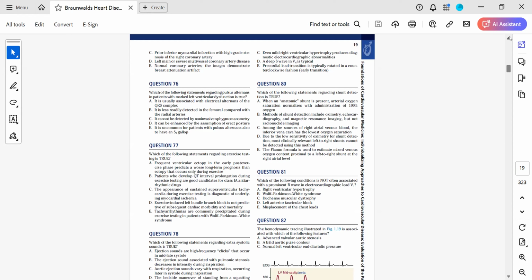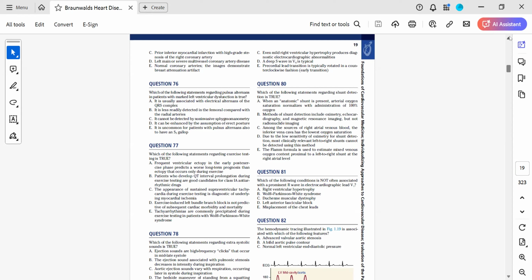D, left main or severe multivessel coronary artery disease. E, normal coronary arteries. The images demonstrate breast attenuation artifacts. Breast attenuation gives you fixed defects. You don't see changes. So that one is out.